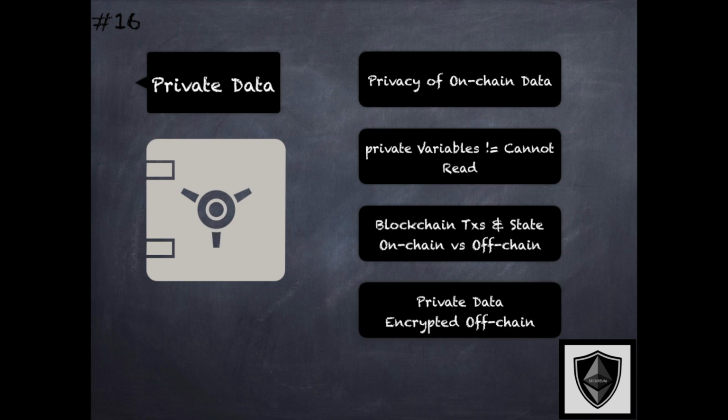This effectively means that there is really no notion of data being private on the blockchain, and any such data for confidentiality reasons that needs to be private should be encrypted and stored off-chain.